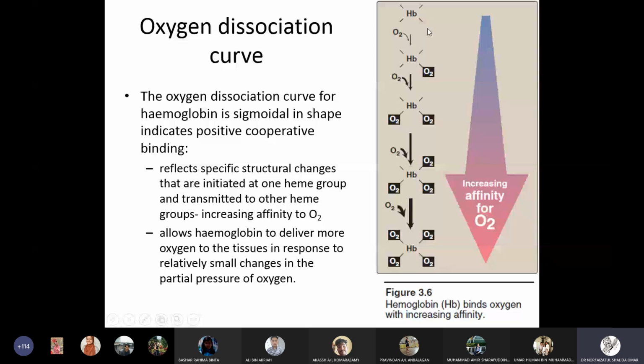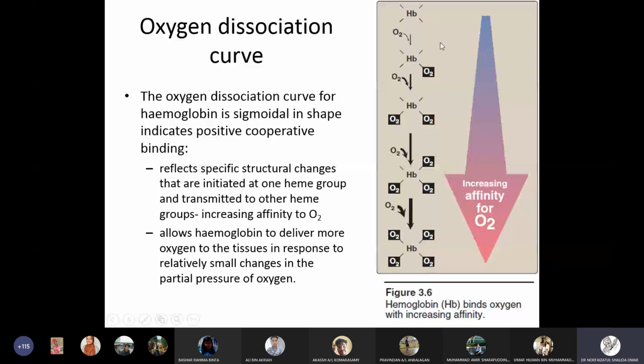So when one oxygen binds to the heme, it will cause the other hemes to bind more oxygen, meaning that hemoglobin on its own won't attract oxygen that much.